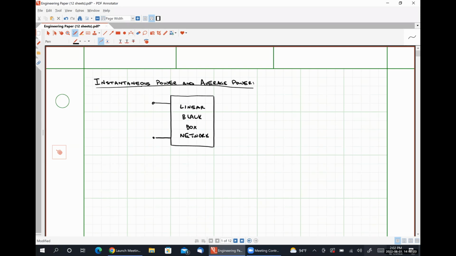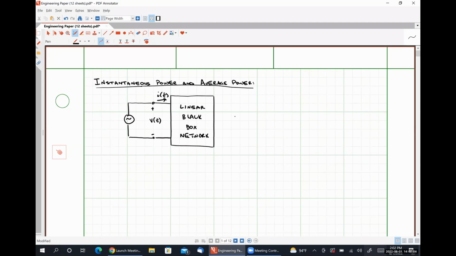And we excite this linear black box network with a sinusoidal source. Does not particularly matter if it is a voltage source or a current source. And we measure some voltage V of t across our network's terminals, and we measure some current I of t flowing into our network.